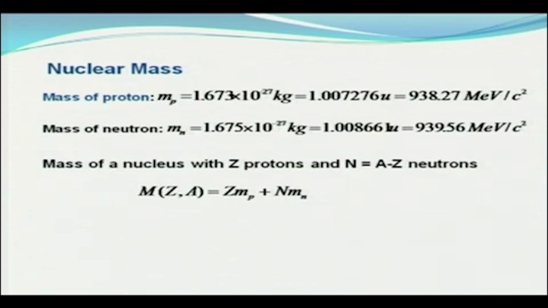Experimentally, we can find out the mass of the nucleus by using mass spectrometers. This is an arrangement with magnets arranged so that there is a high magnetic field in a region, and a beam of a particular nucleus, or a mixture of many nuclei, with some kinetic energy, some speed, is passed through this region.